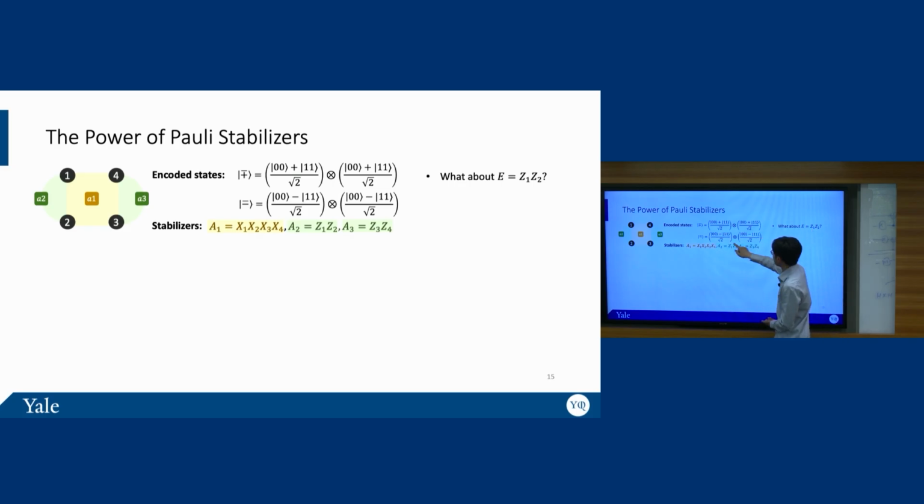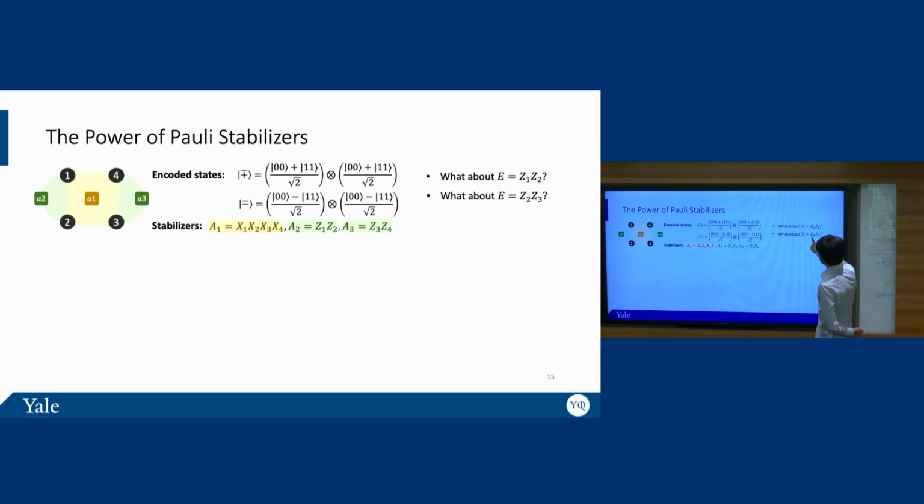Applying Z1, Z2 again introduces 2 negative signs to this basis, which cancels out, and it does nothing. So these 2 states are also +1 eigenstates of Z1, Z2, and that is why I said that the action of the stabilizers, notice that this is one of the stabilizers, should not change the logical information, does not change the quantum state that you are storing.